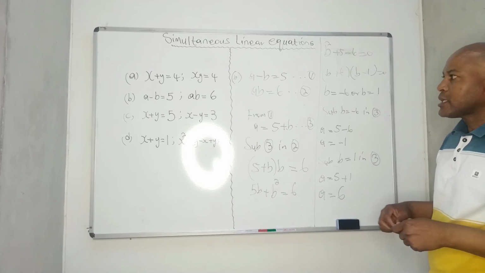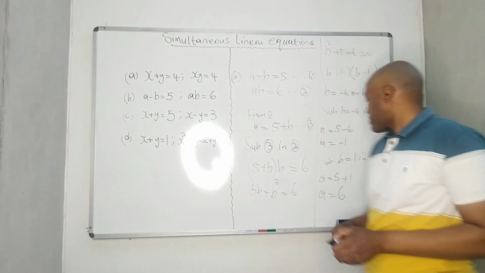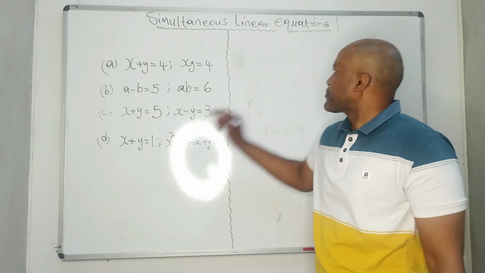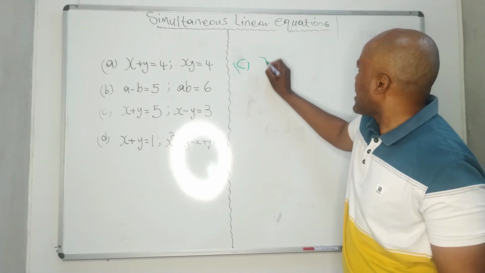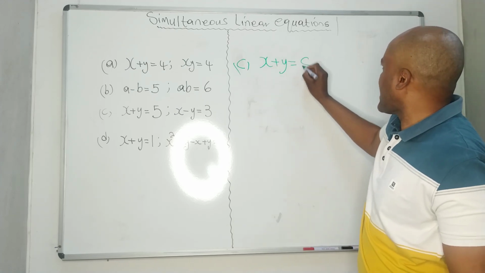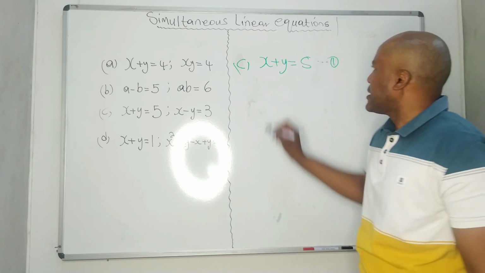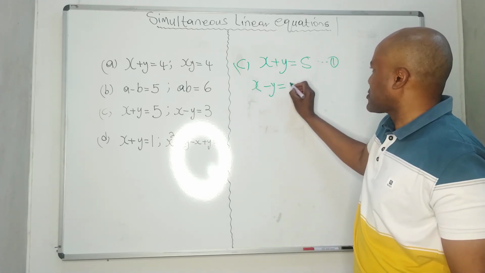Then now we are going to do number C. Now number C says x plus y is equals to 5. I can call it equation 1. And x minus y is equals to 3.